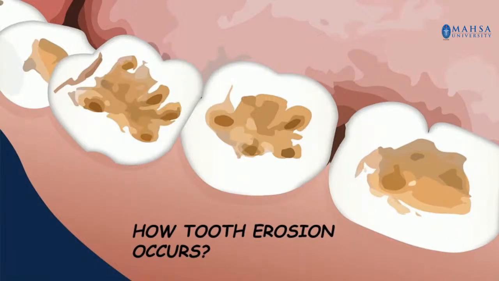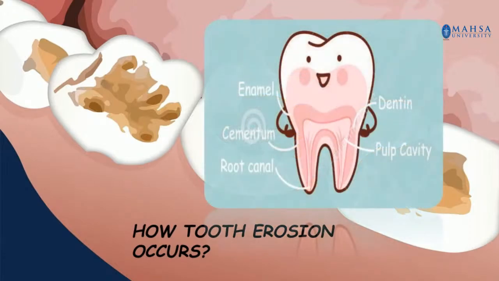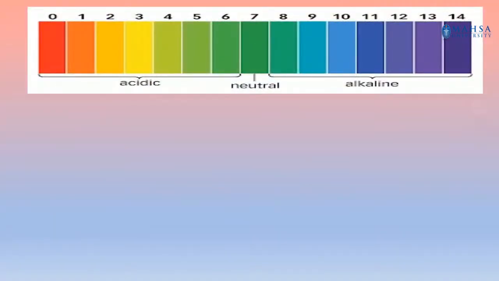As we all know, a normal tooth is composed of three components, which are the enamel, the dentine, and the pulp. The enamel, being the outer layer, is the hardest structure in our body that serves to protect the dentine and the pulp. The enamel is composed mostly of minerals such as calcium phosphate, which makes the tooth enamel strong.